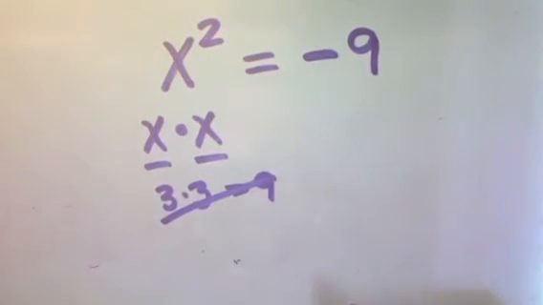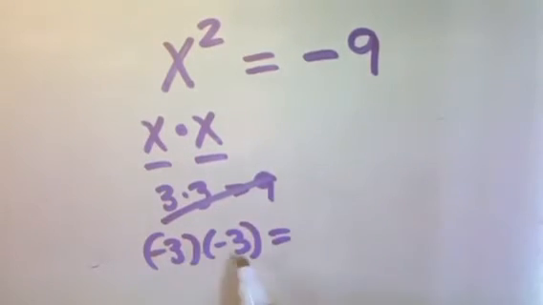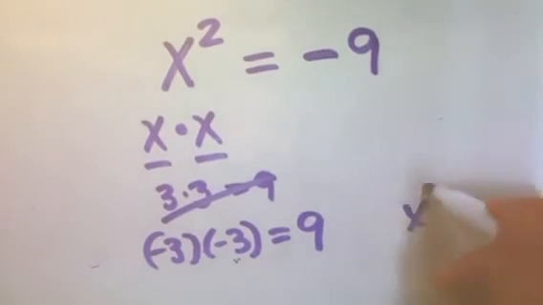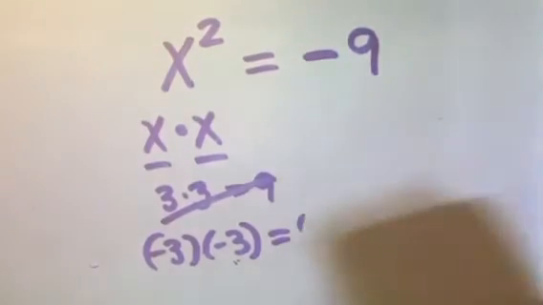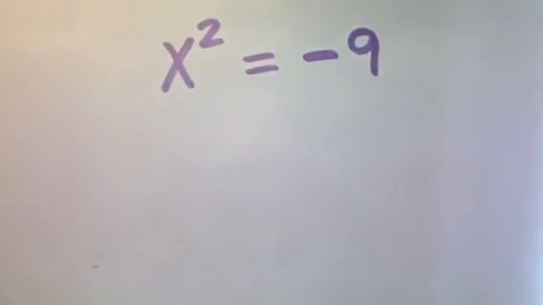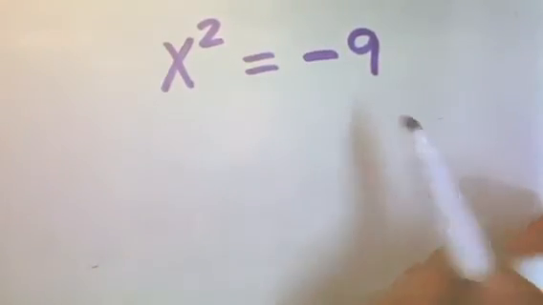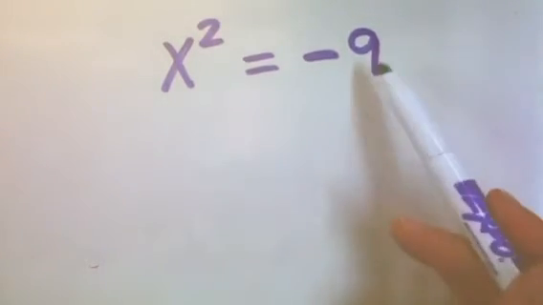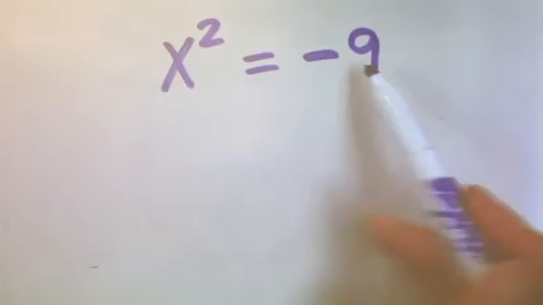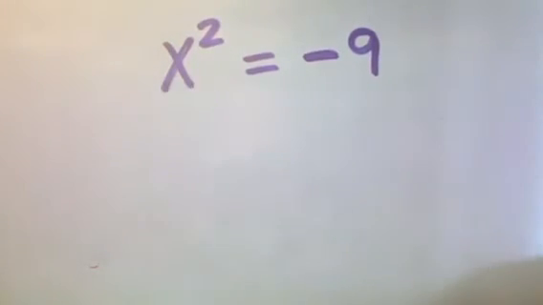So that doesn't work. Negative 3 times negative 3, but a negative times a negative is also a positive, like we saw before. That's why x squared equals positive 9 had two solutions. So there's no possible solution here that would make a real number squared equal to a negative. So there's no real number you can substitute for x to make this a true statement.